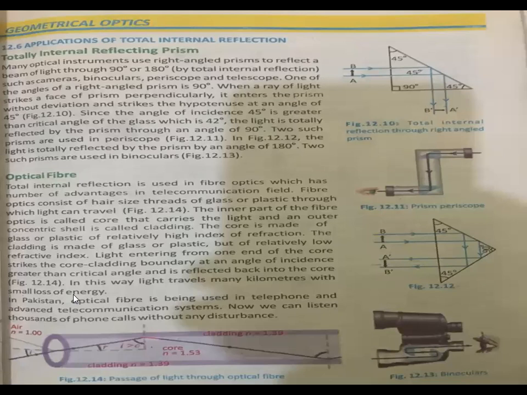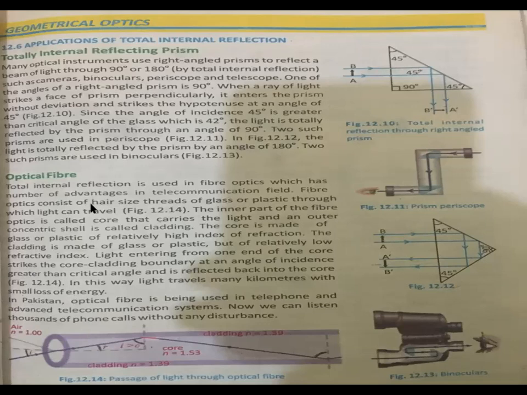By the process of total internal reflection, there is less loss of energy, and we can get faster communication. That's why the reason for using optical fiber is fast communication. So mainly in the telecommunication field and telephones, we use the optical fiber cable.